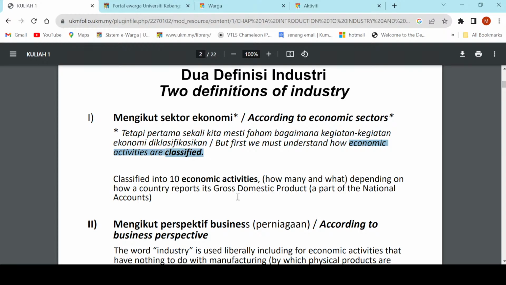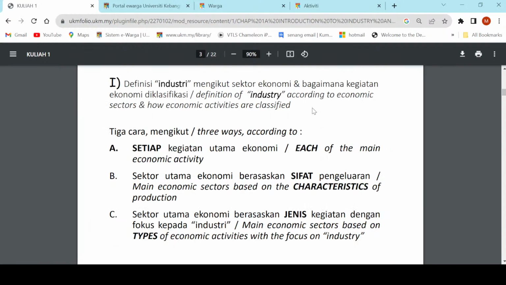How they are classified. The definition of industry according to economic sectors and how economic activities are classified. There are 3 ways of classifying economic activities.